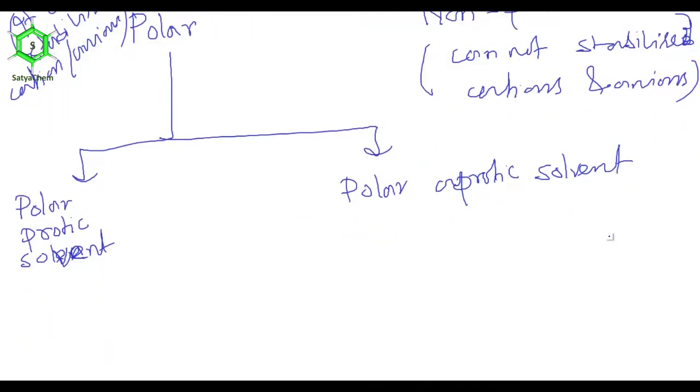What do you mean by polar protic solvent and polar aprotic solvent? Polar protic solvents are solvents which are polar and are able to participate in a hydrogen bonding network. These are H-bond donors.